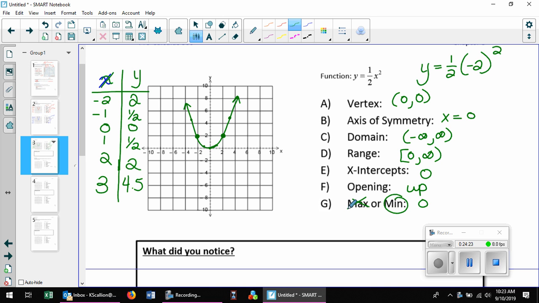Okay, so if you filled out the side, check to see if you got the same answers as me. If you're continuing to fill out the side, make sure you do that.